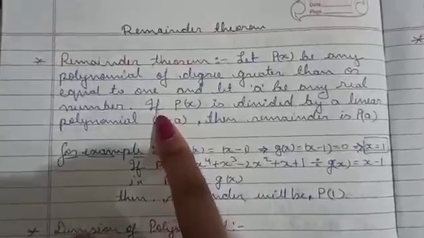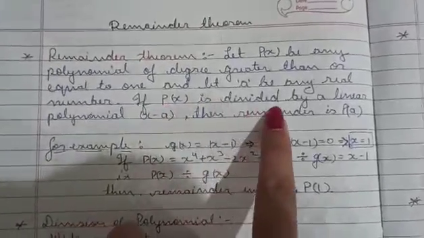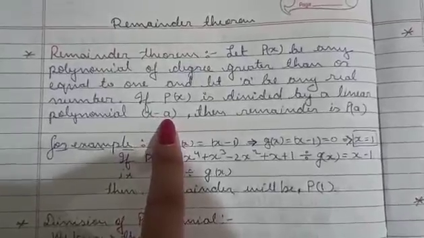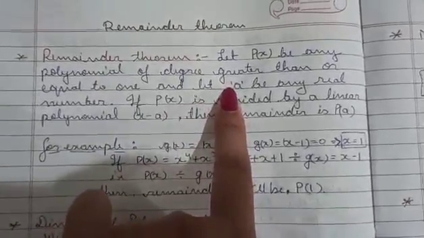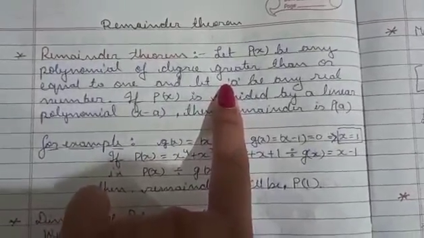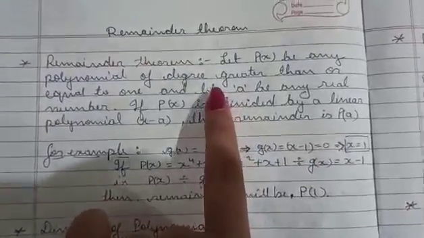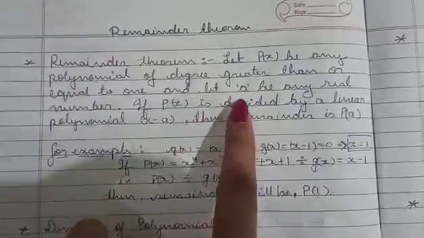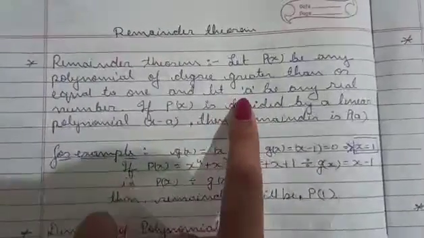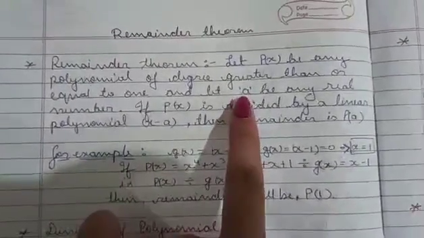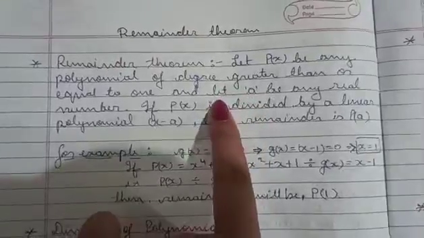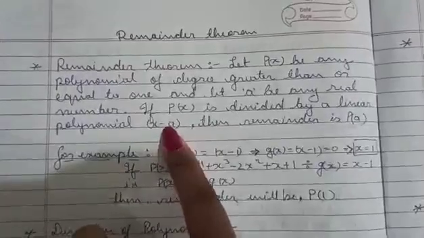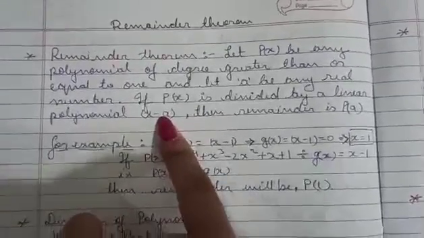Then we divide p(x) by a linear polynomial x minus a, where a is any real number. If we write x equals a, and then transpose this a to the side of x, we get x minus a equals 0, which is a linear polynomial.